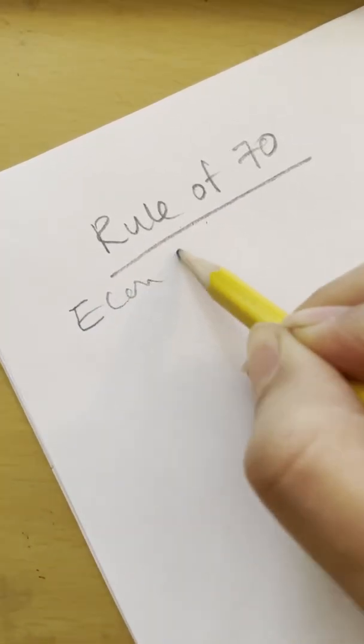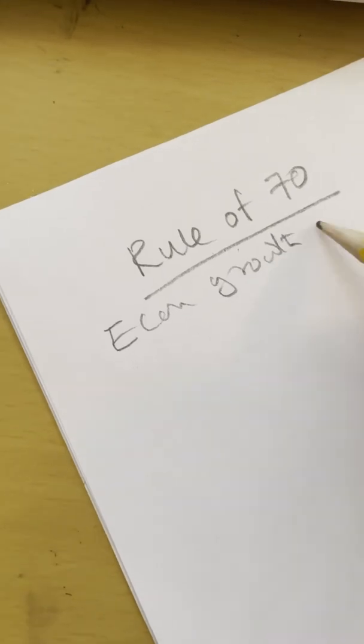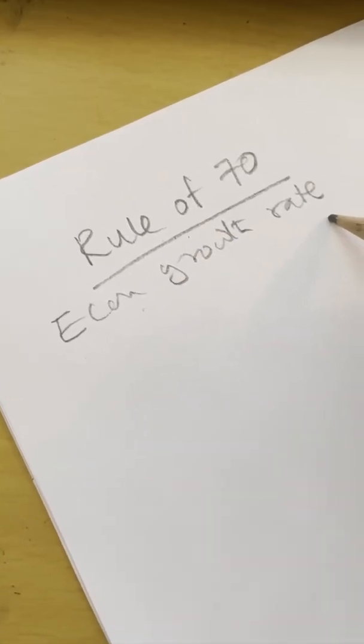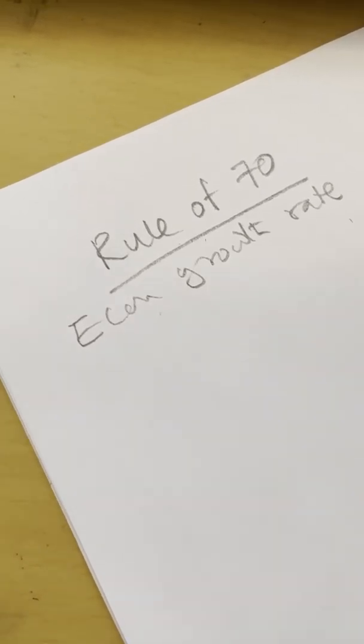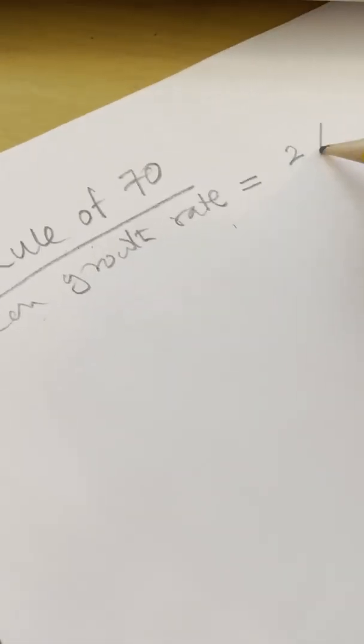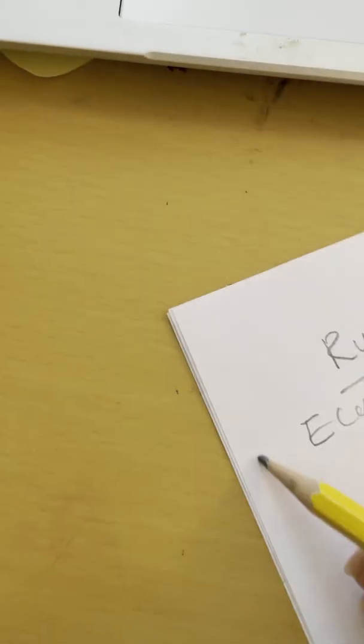Okay, we mainly use this rule of 70 for economic growth rate. All right, so let's say the economic growth rate, and we know by now that another name for it is the growth rate of real GDP. Okay, let's say for this year the growth rate is 2%. Okay, so just an example.